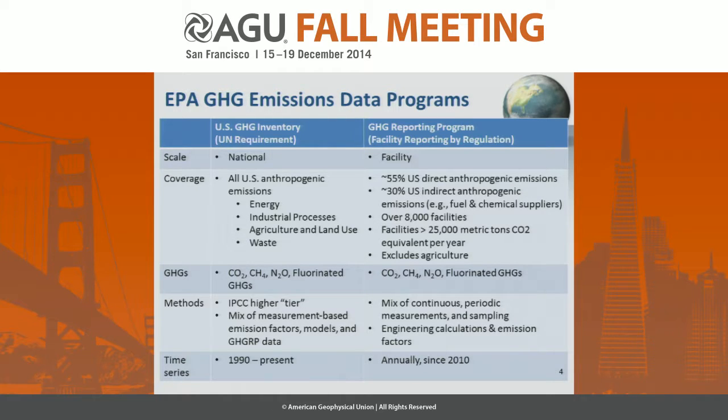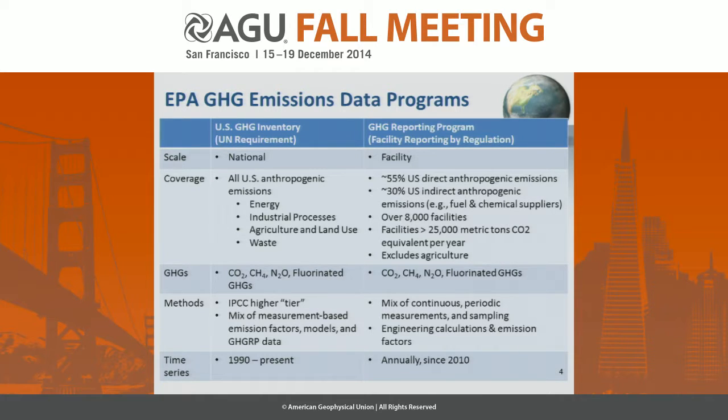It's split into 4 different sectors: energy, industrial processes, agriculture and land use, and waste. We cover CO2, methane, nitrous oxide, and the fluorinated gases. The methods that we use generally involve measurement-based emission factors, models, and then some data from the program I'll talk about next.